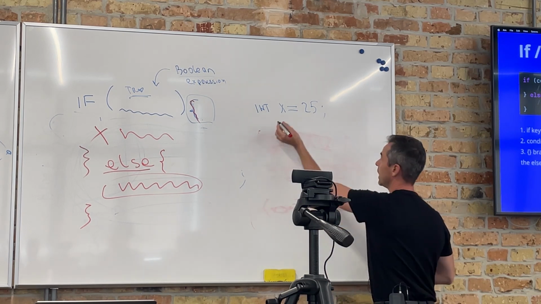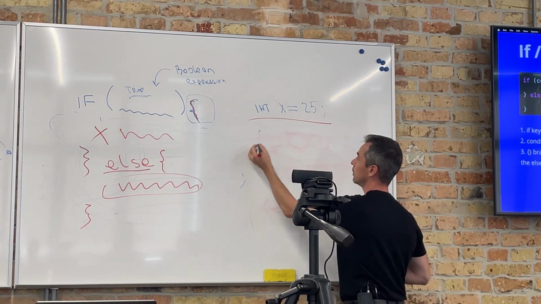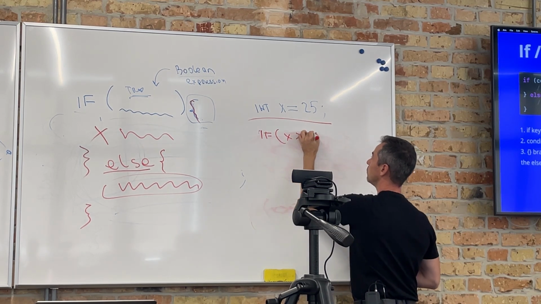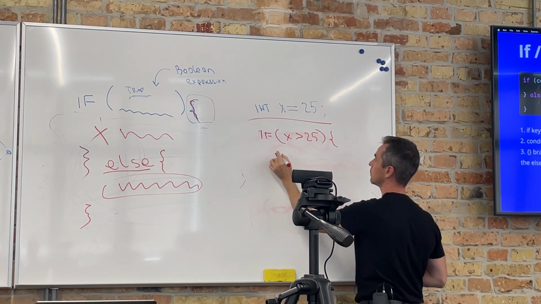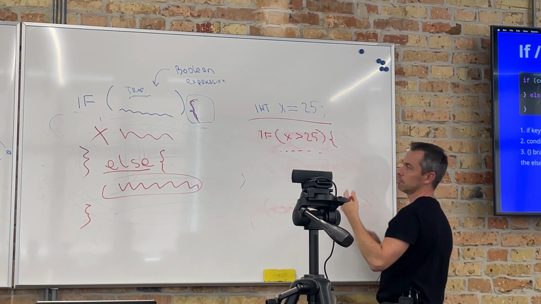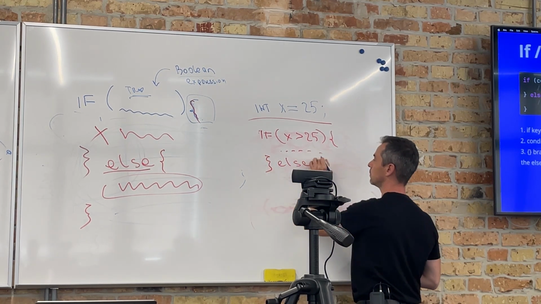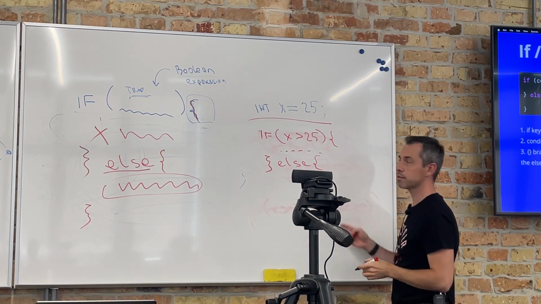Let's move to our x25 example. Propose me something. If x bigger than 25, we output something, and else I open brackets here.